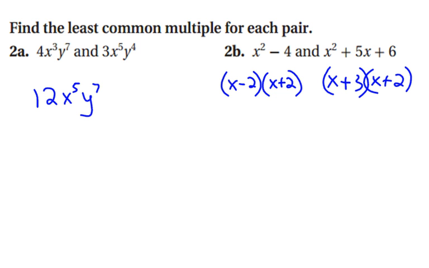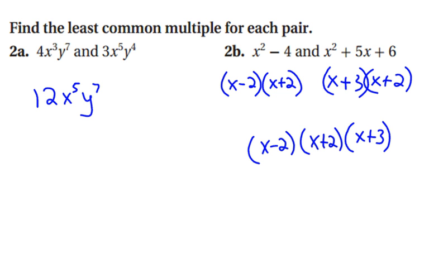So we look at the first one and say, all right, we need an x minus 2. We know that for sure. Is there one in the second one? No. The next thing we need is an x plus 2. So we have 1 in the first one, we have 1 in the second, so we're covered. And then in the second term, we have x plus 3, which should get us there.